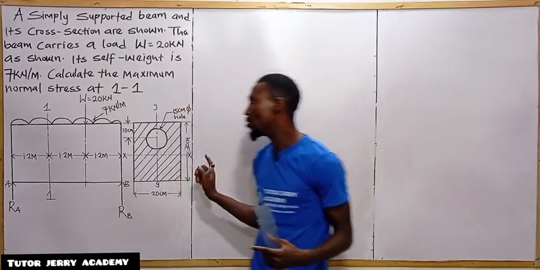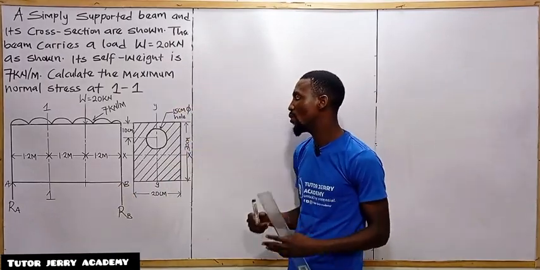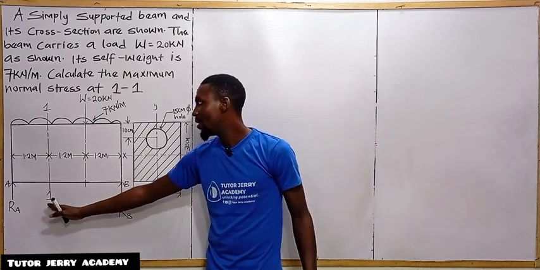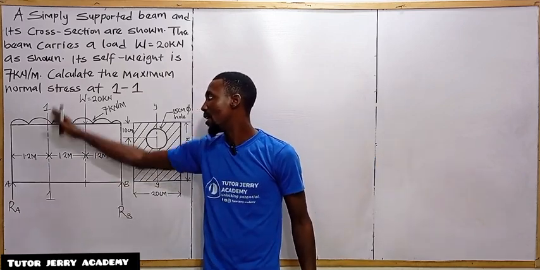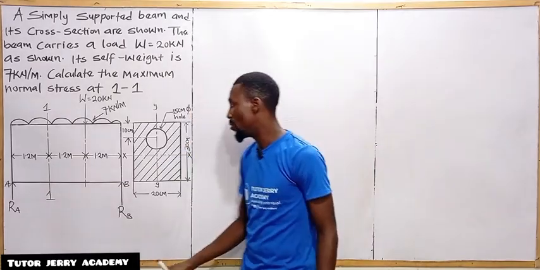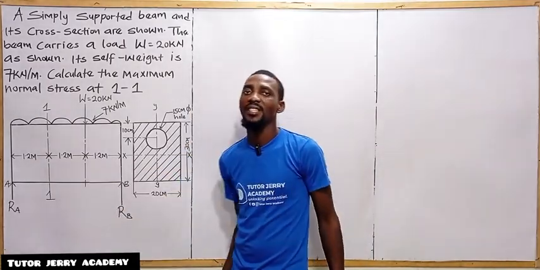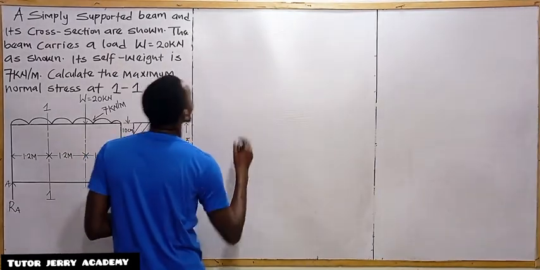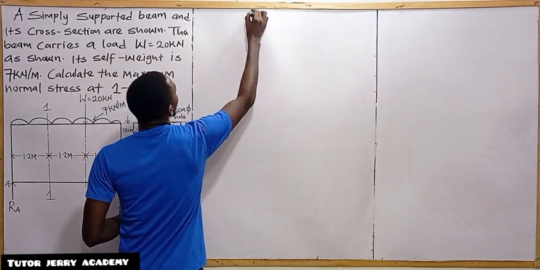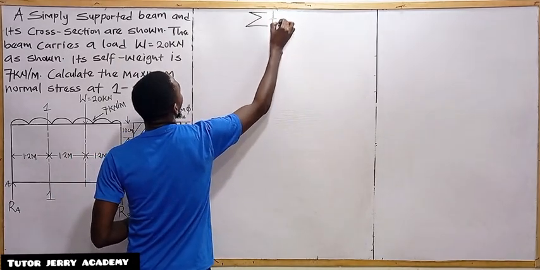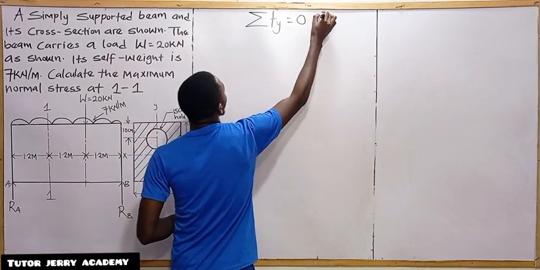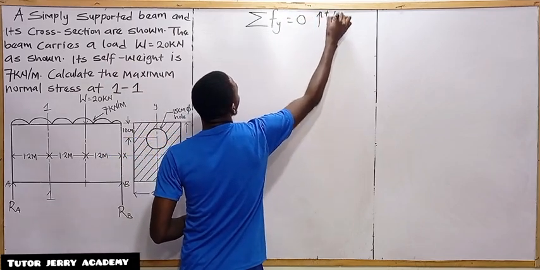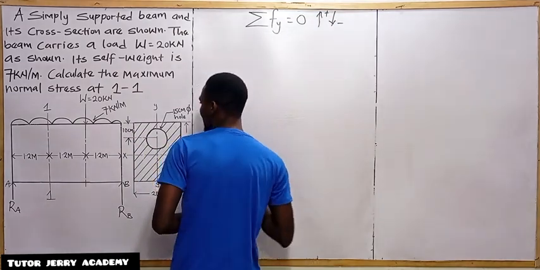So for us to solve this question, the first thing we are going to do is calculate the bending moment across this section. And for us to do that, we need to know what reaction at A and reaction at B are. So we are going to start by finding the summation of upward forces to be equal to 0, upward force positive, downward force negative.